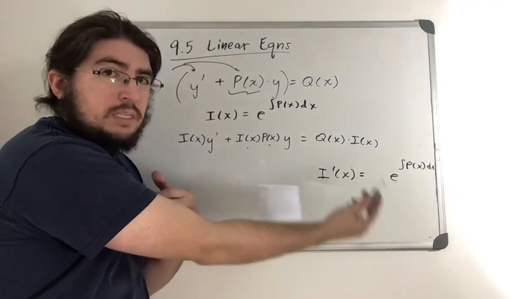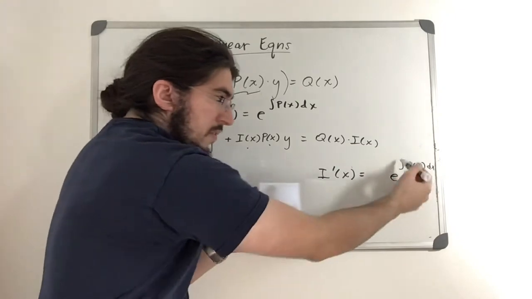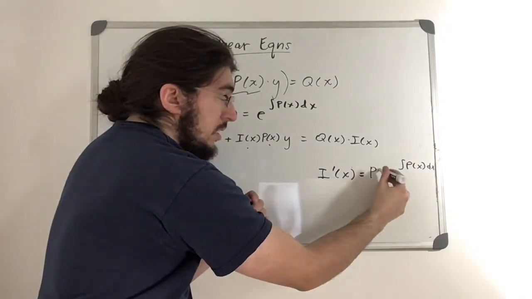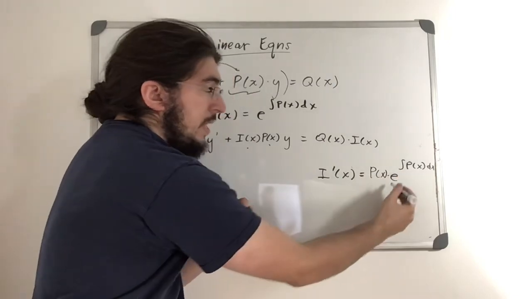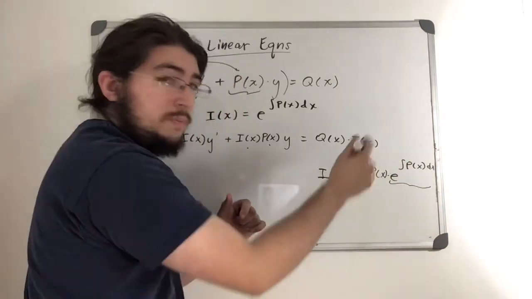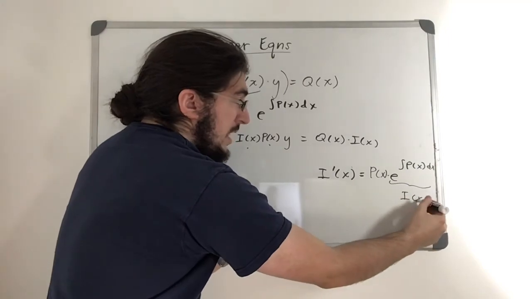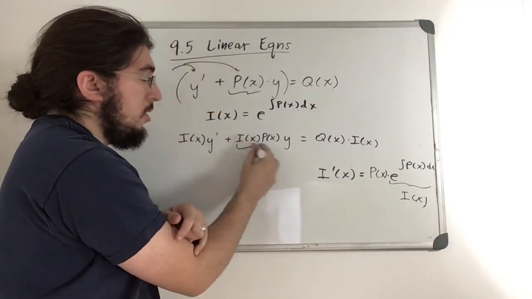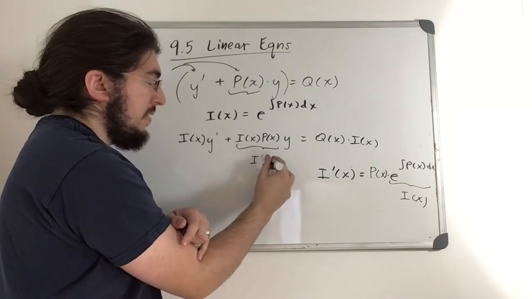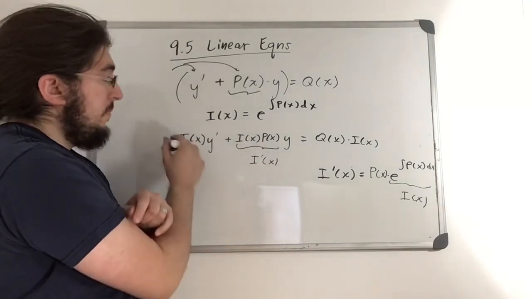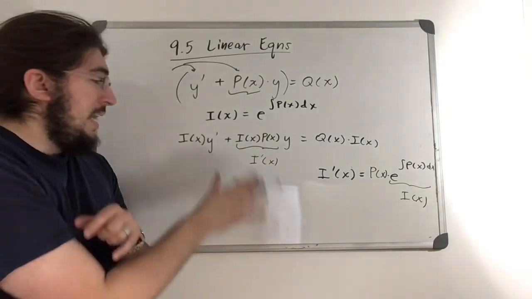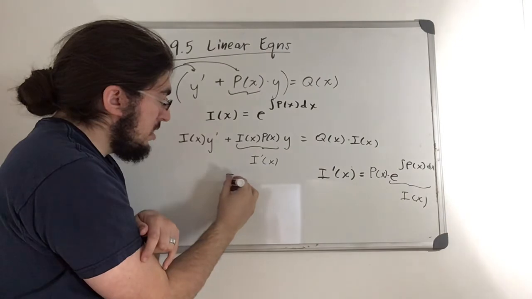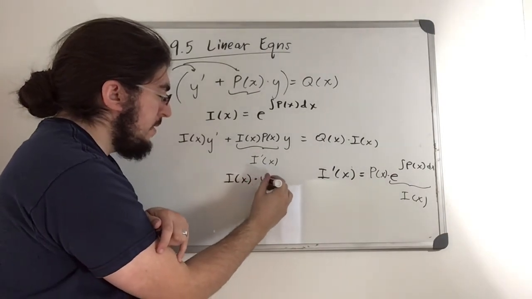The derivative of this power is the derivative of this integral, and the derivative and integral cancel, so p of x just gets dropped down because of chain rule. Since e to this part is just I of x, we indeed get that I prime of x is equal to p of x times I of x. So this term here is just I prime of x. In other words, this whole left-hand side is I of x times y prime plus I prime of x times y, so it's really just I of x times y all prime.